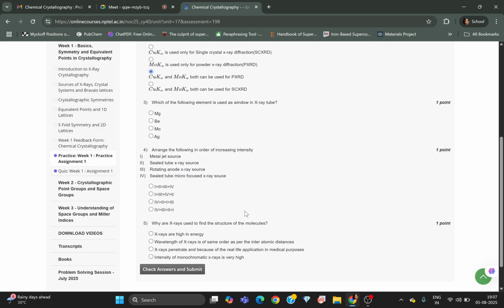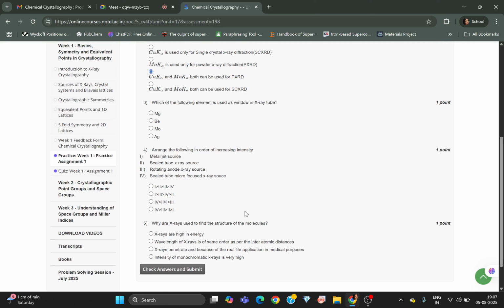Now beryllium is used because it has a low atomic number, which equals 4. So it has low absorption for X-rays. It doesn't absorb much of the X-rays.